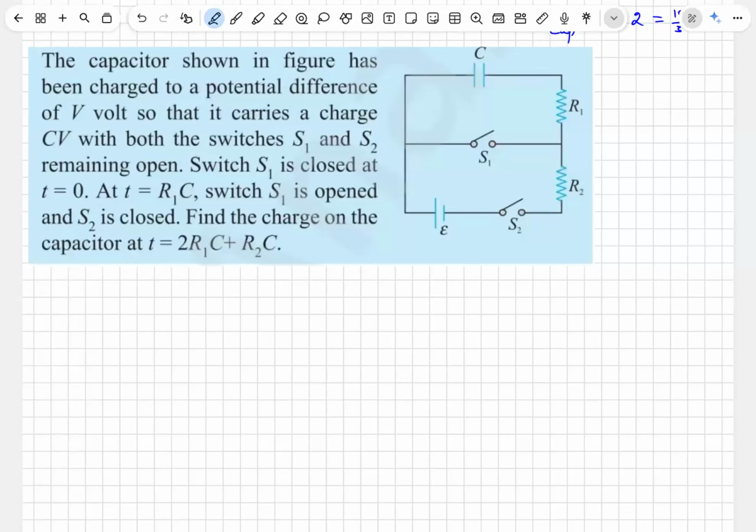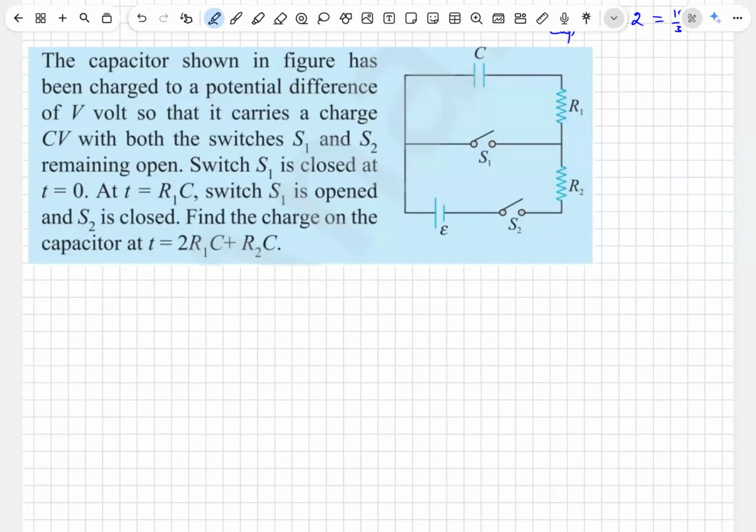S1 is closed at t is equal to 0. At t is equal to R1C, switch S1 is open and S2 is closed. Find the charge on the capacitor at so and so time.